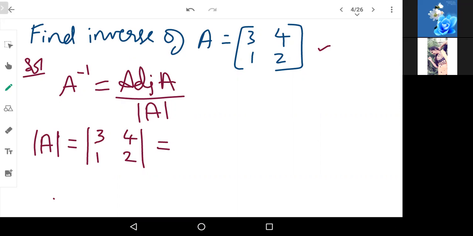Guys, we are solving a 2 into 2 matrix. How do I find the value of the determinant of a 2 into 2 matrix?